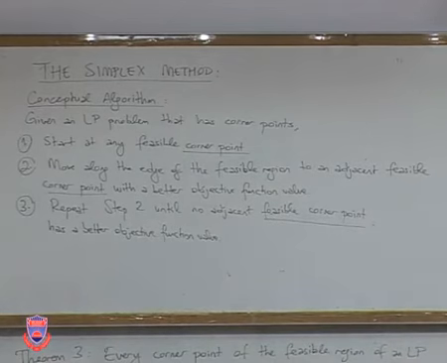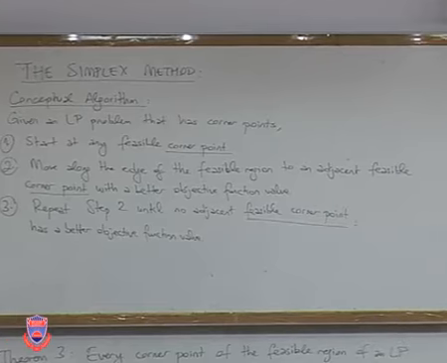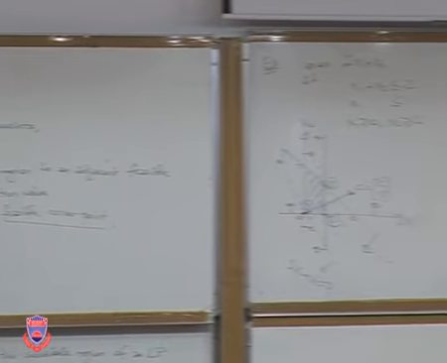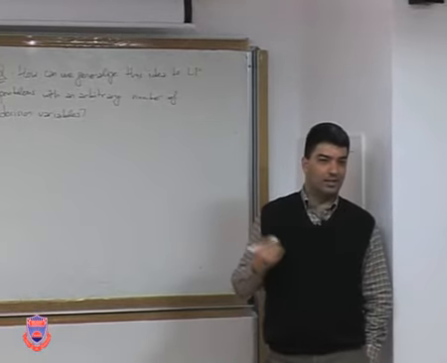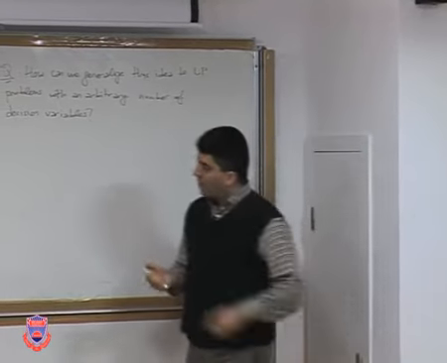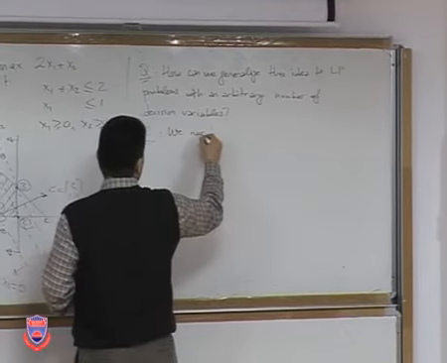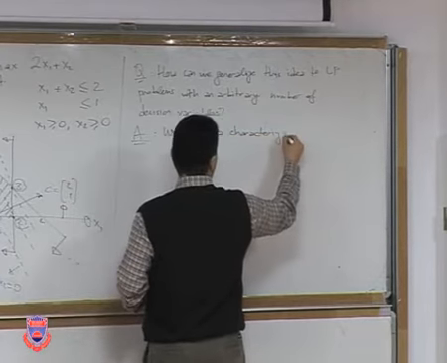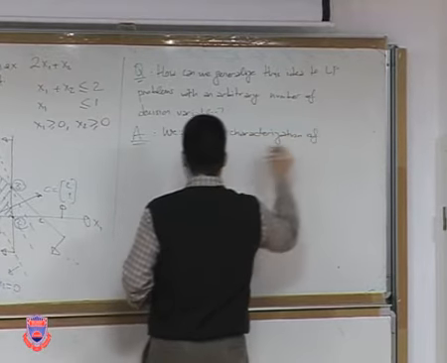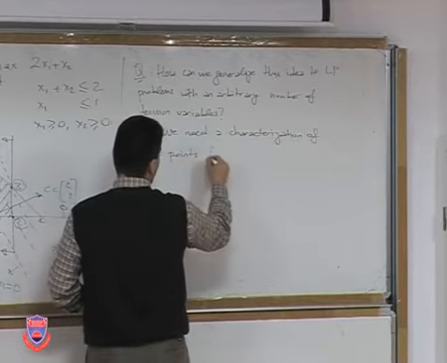So as a result, for a general LP problem, we need a characterization of a corner point, right? In 2 dimensions, we know what corner points look like. But what if I have 100 variables? What do the corner points look like in such an LP problem? So as a result, we need a characterization of corner points for a general LP problem.